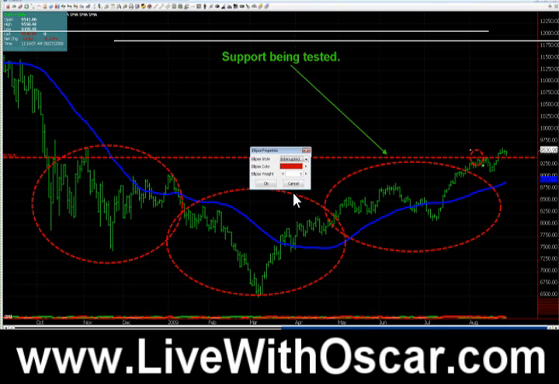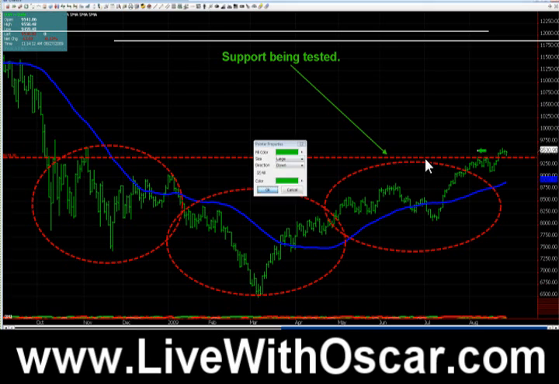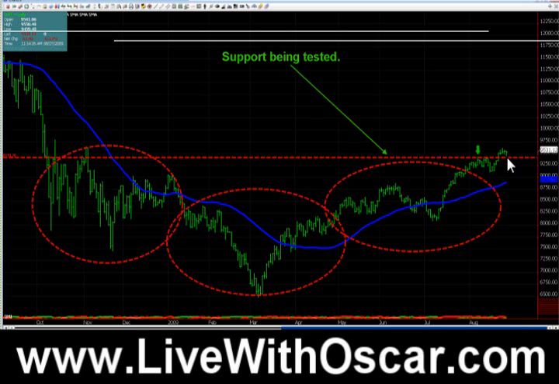Let's do that with an arrow, traders, to make it a little clearer for you. Right here, resistance, and the market has a pullback. Then it gets above that resistance, and then I expect a test at some point of that now support, which was resistance. But it's not only resistance right there, it's resistance here, it's resistance here.